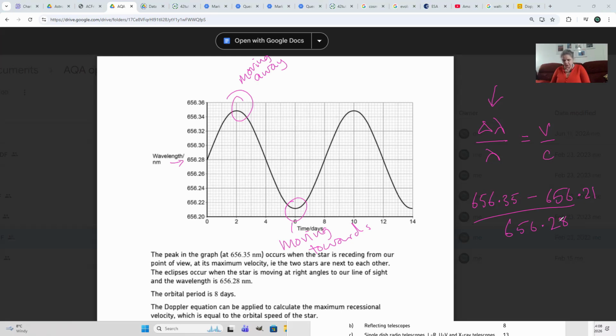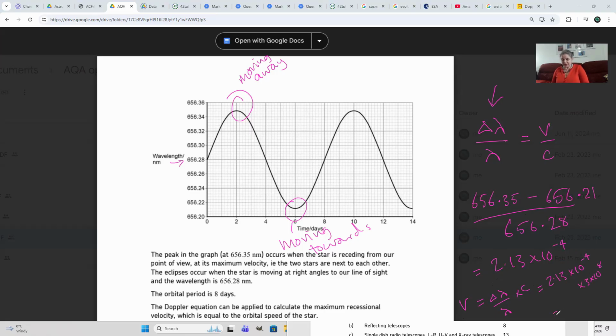Okay, so we end up with 2.13 times 10 to the minus 4. If we then multiply that by c, we get our velocity. So v is equal to delta lambda over lambda times c, which is 2.13 times 10 to the minus 4 times 3 times 10 to the 8.